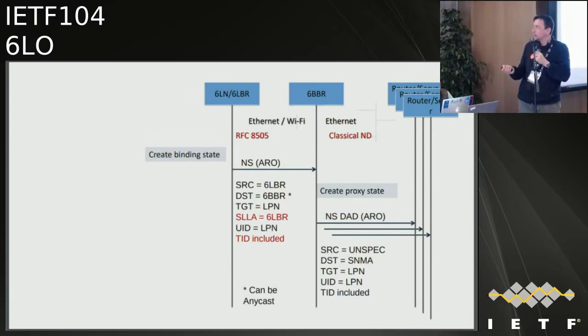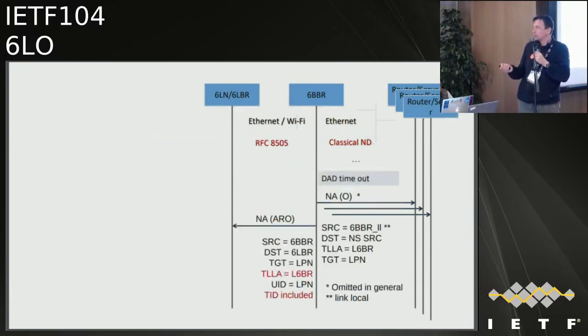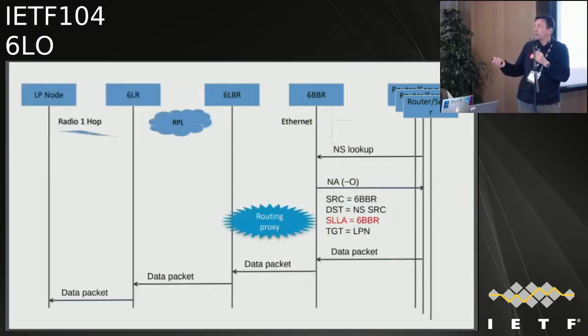And that times out. You may or may not, it's not recommended, see an NA override at the end of the DAD. And then the 6BBR can say, yes, NA with status success. So the registration is complete, the 6BBR is happy, and proxy state is installed. Then when you have a data packet, if there is a lookup on the backbone Ethernet, the lookup will be broadcast on the Ethernet. Remember that in the last draft we'll be talking about, it's going to be unicast.